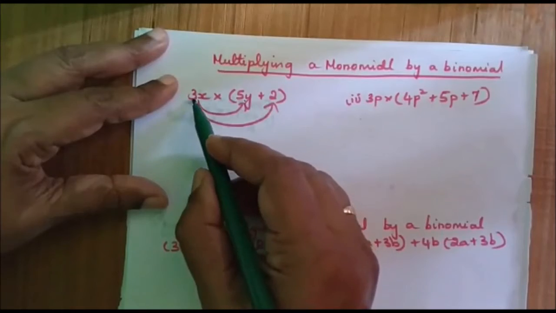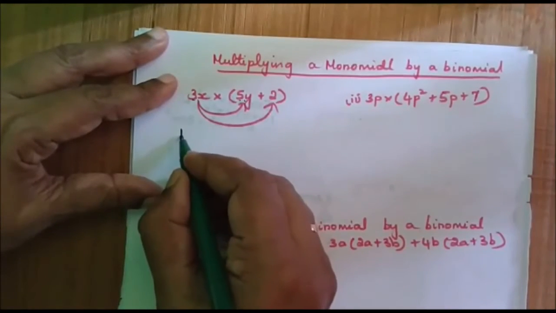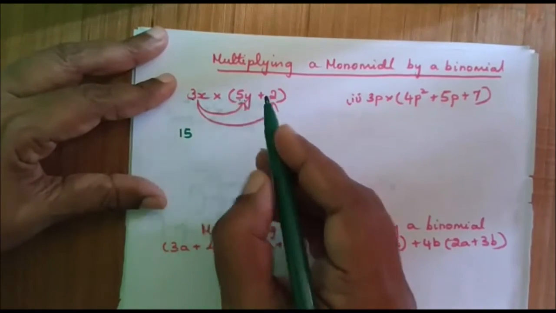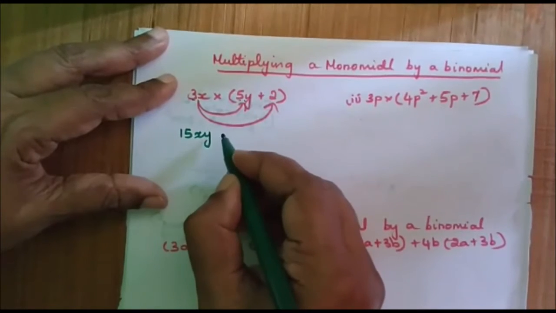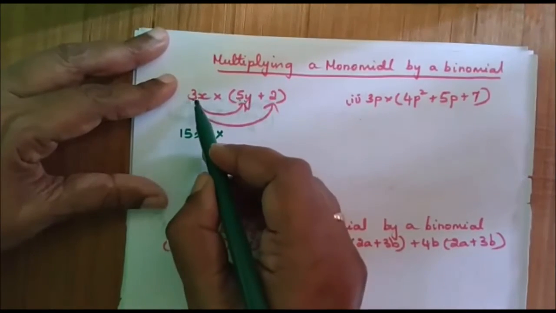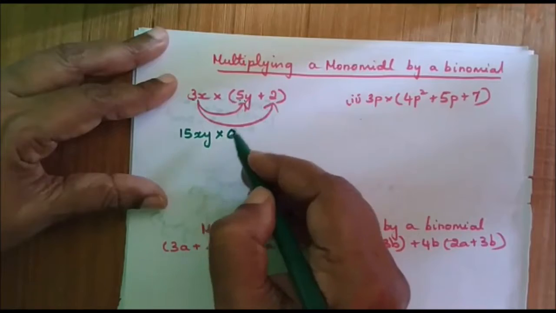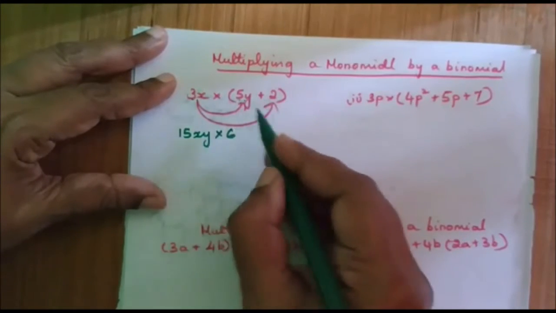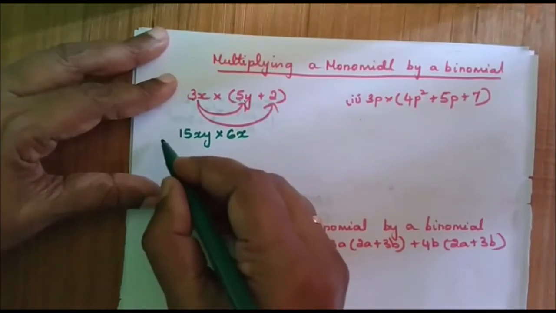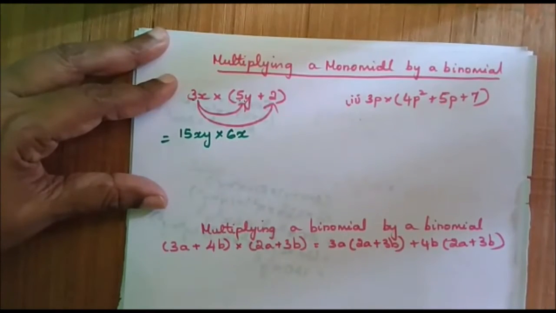What is 3 into 5? It is 15, and x into y is xy. Then 3 into 2 is 6, and there is no variable for this, so we will write it as it is. So this is how we multiply a monomial with a binomial.